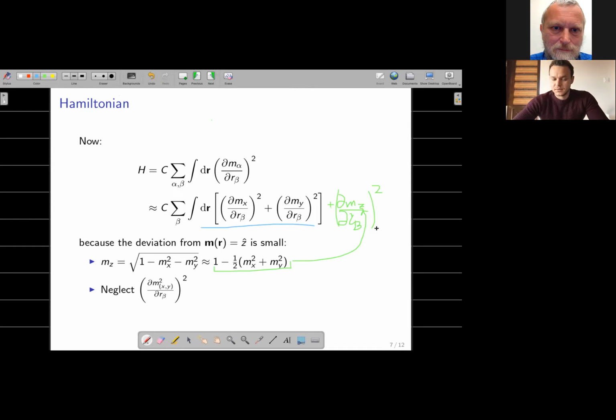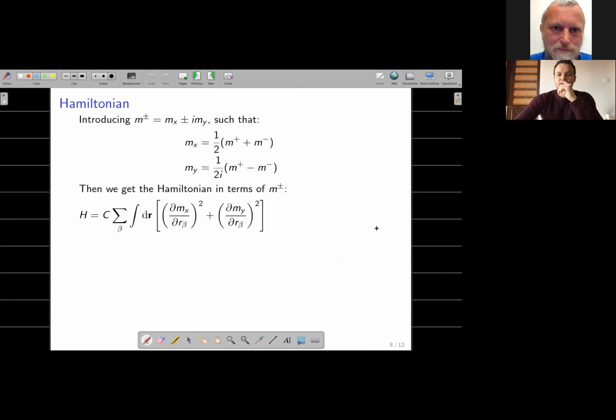Once we have the form of the Hamiltonian, what we'll try again is to put it in the form of the harmonic oscillator. For this, it's very intuitive to introduce new variables, very analogous to what we have seen for the quantum harmonic oscillator.